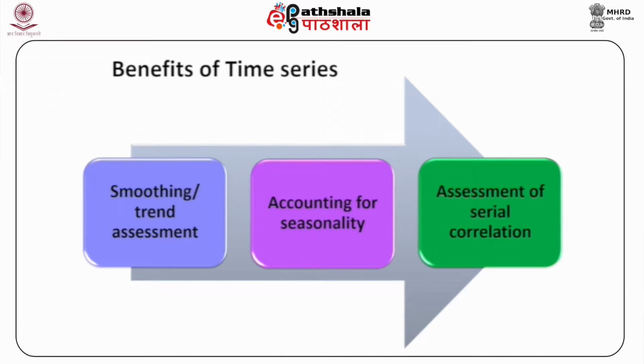Assessment of serial correlation amongst variables is important for decision making. For example, the effect of increase in money supply on inflation can be studied by analyzing the past trends of these two variables and how the inflation changes with the subsequent increase or decrease in the money supply.